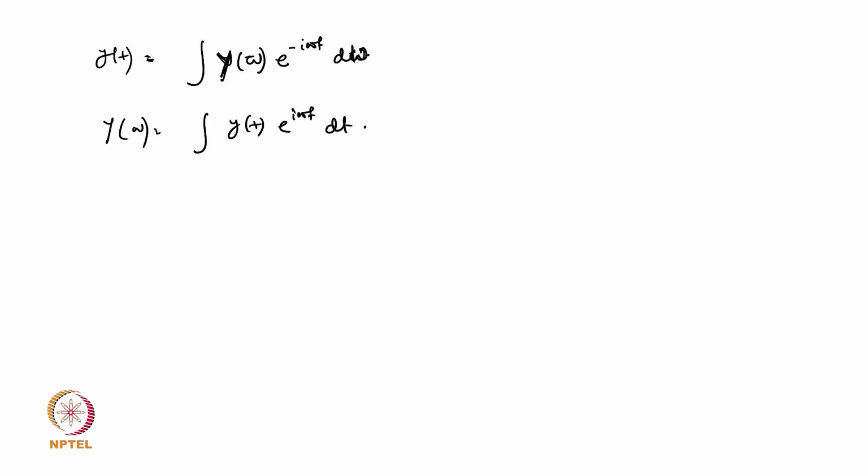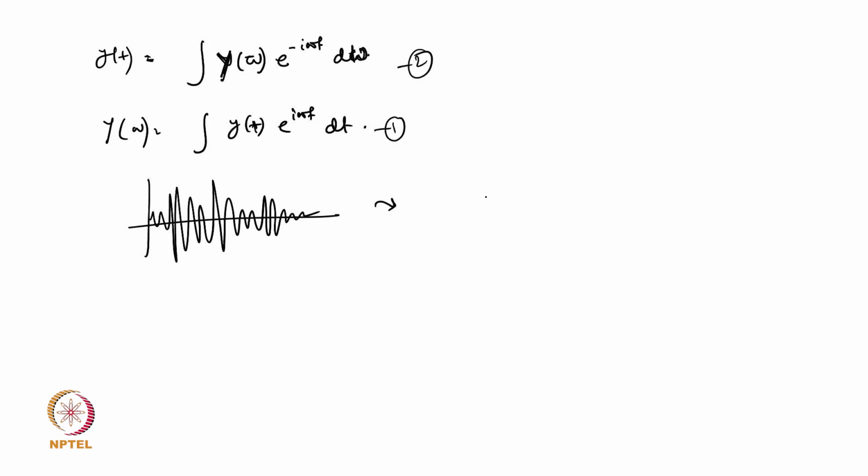If you have a signal, let's say assume this is the first case and this is the second case. In the first case, you have the signal in the time domain form, and from there you try to go to the frequency domain. So you have y of t, some signal, and you can rewrite it as frequency versus amplitude. You try to see how these things vary, so you get an amplitude plot like this.